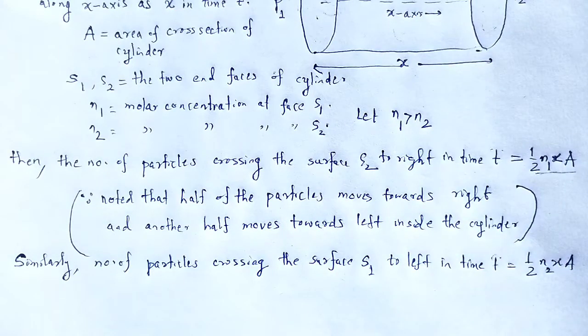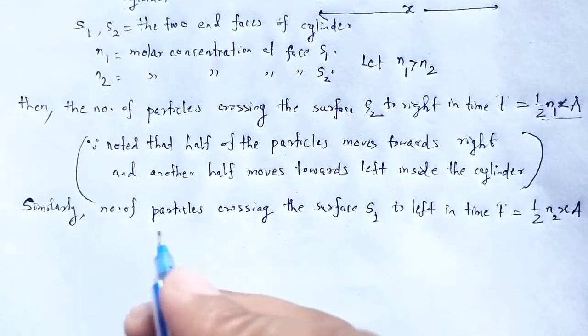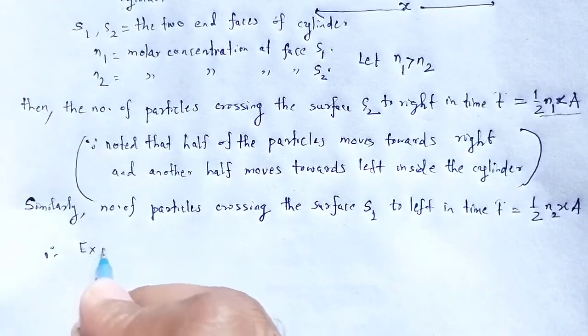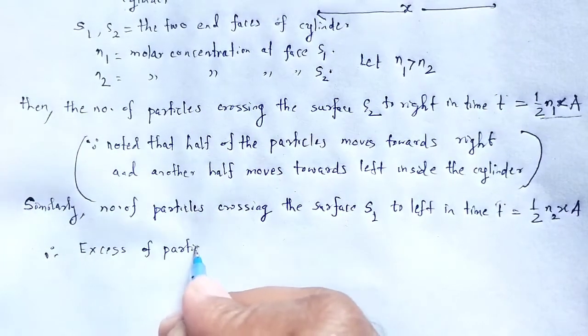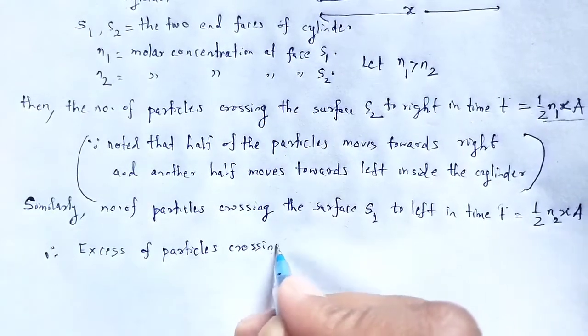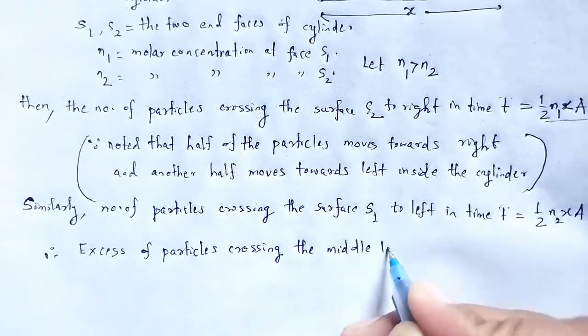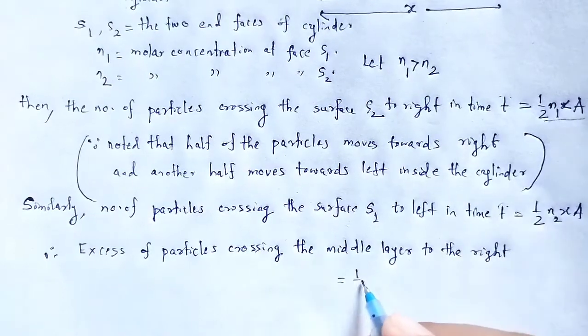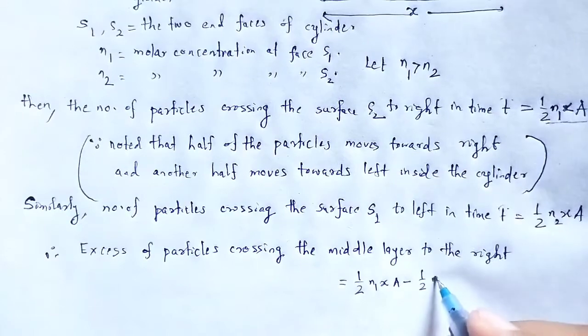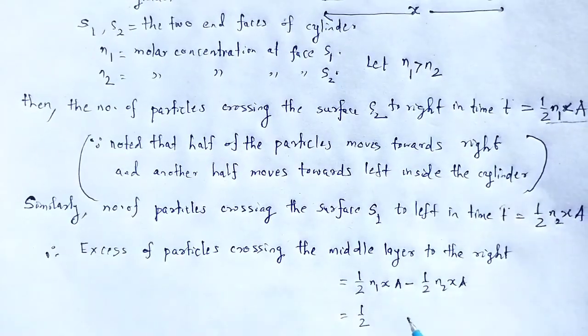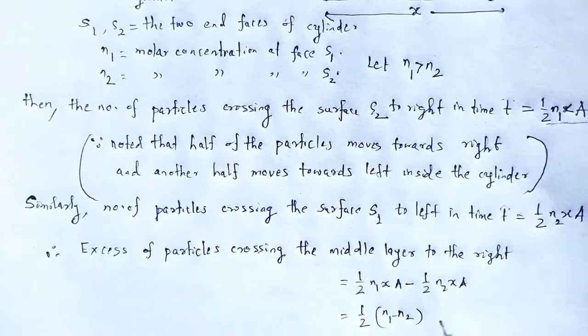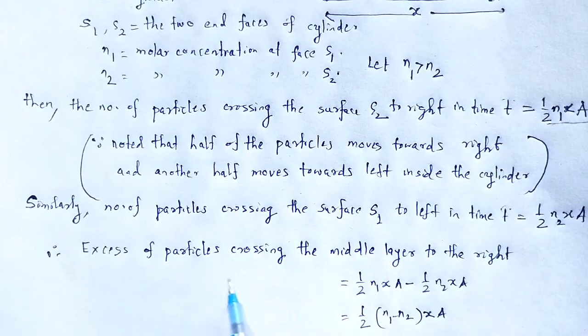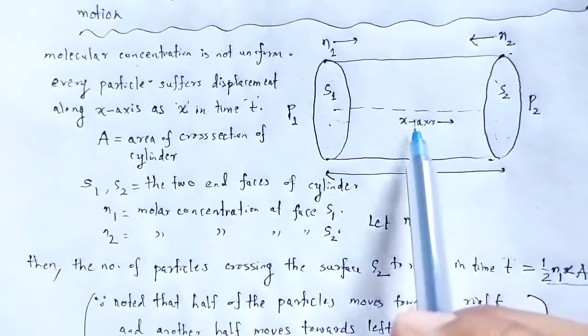Now we have to calculate the excess of particles crossing the middle layer to the right and the middle layer to the left. Therefore, the excess of particles crossing the middle layer to the right will be the difference, that is half N1xA minus half N2xA, which is half of N1 minus N2, taking xA common.